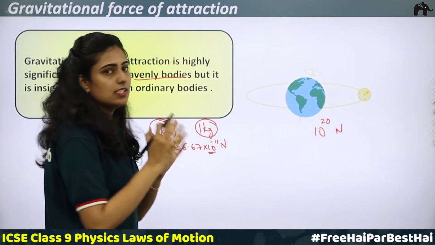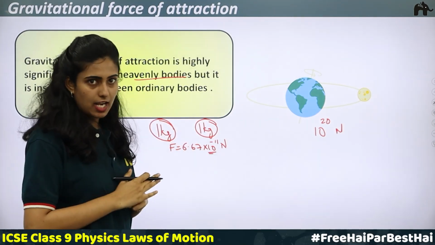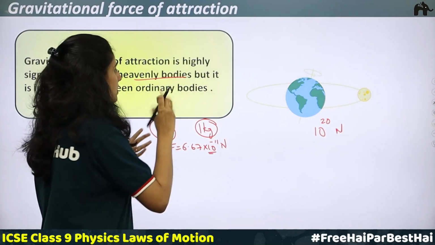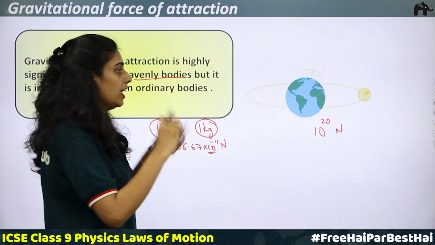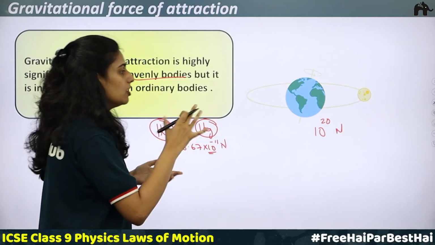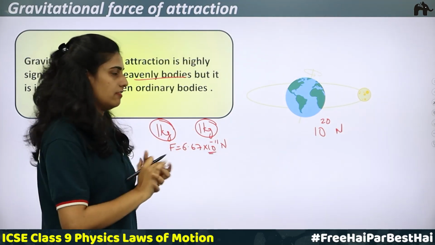So this is very important. Between every body there is force of attraction, but between ordinary bodies it is not that significant because the masses are very small. When you take heavenly bodies, they are massive bodies, and because of this reason the gravitational force of attraction will also be very significant.